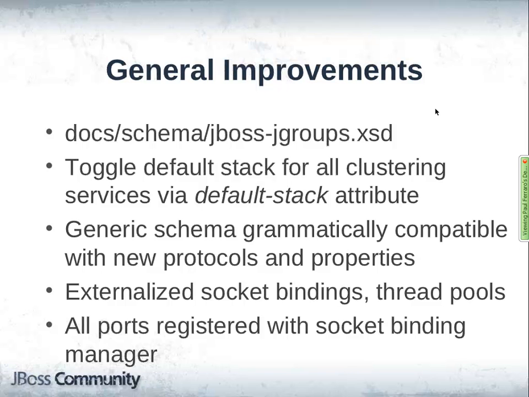So the thread pools that JGroups uses can be specified and shared across stacks if you wanted. And port registration is another thing. All of the ports that JGroups uses behind the scenes get registered with the AS's socket binding manager. So if you want to see in the admin console all the sockets that your application is using, you also see which JGroups sockets are in use.